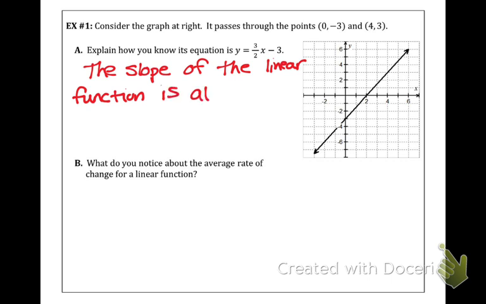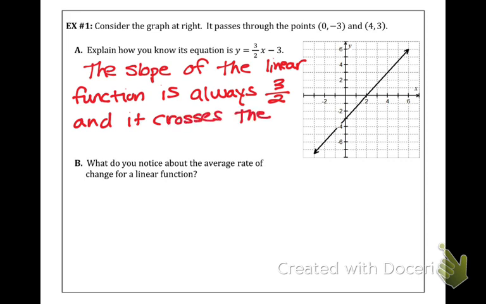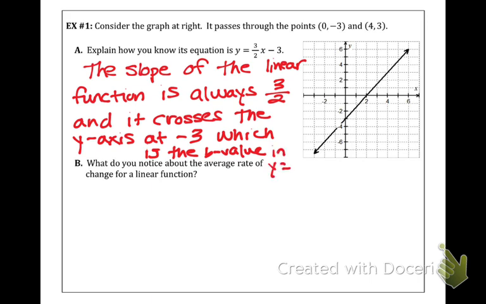The slope of the linear function is always 3 halves, no matter where it lies.